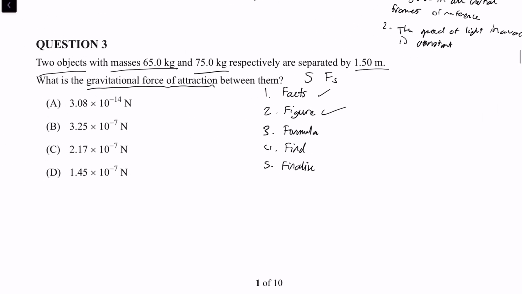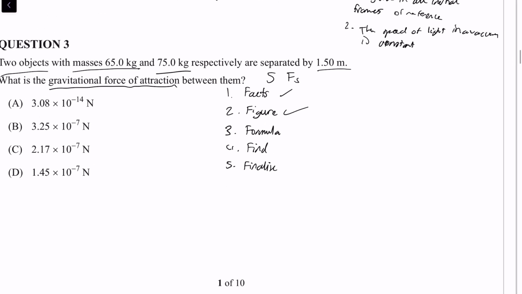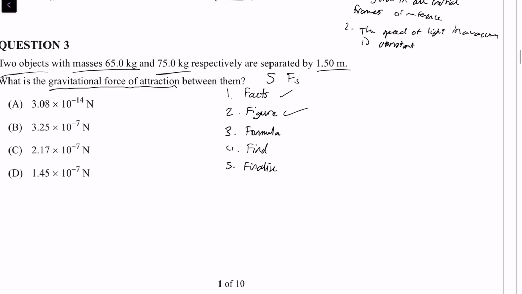So I'll write it in green, just so it's a bit different to the notes I have on the side. We know that one of the masses is 65.0 kilograms, and another mass, which I'm going to say is capital M, is 75.0 kilograms.